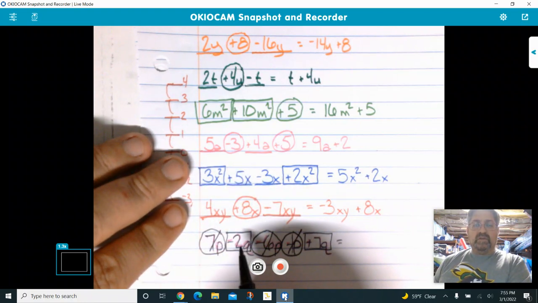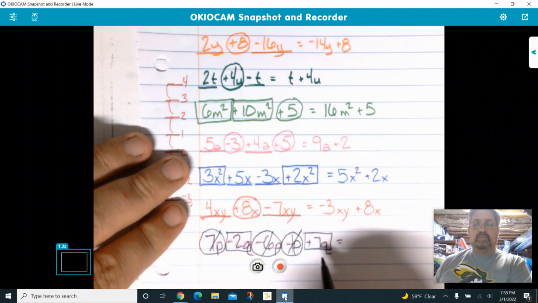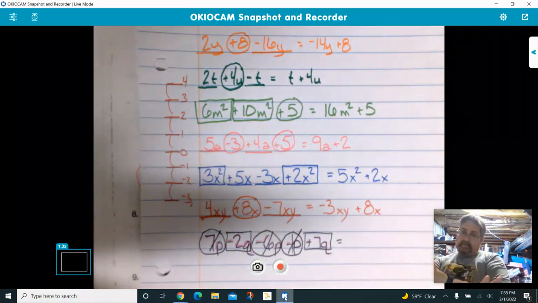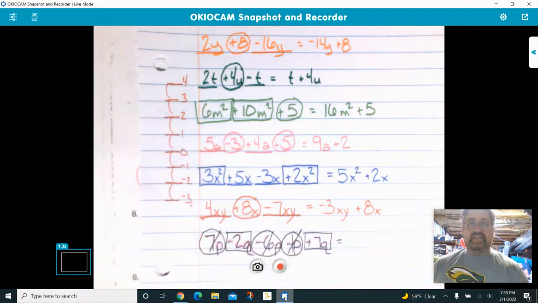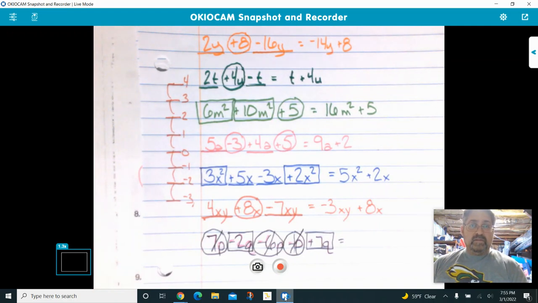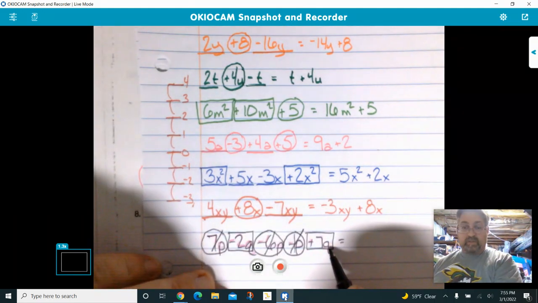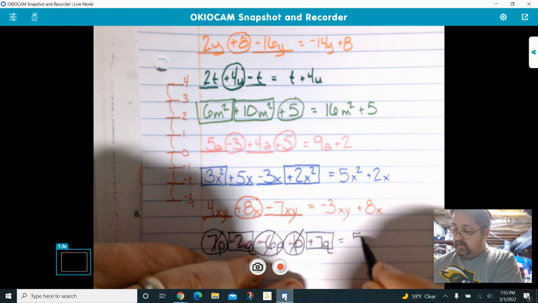The only thing we have left now is negative 2q plus 7q. Or you can switch that around the other way, so you have 7q minus 2. What's 7 take away 2? 5. And then put the letter on the back of it. 5q.